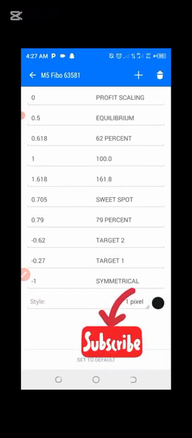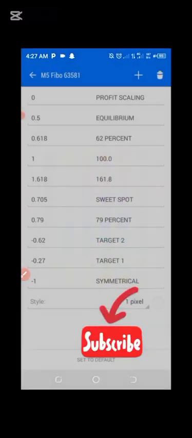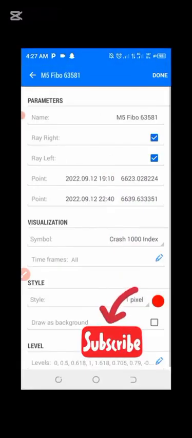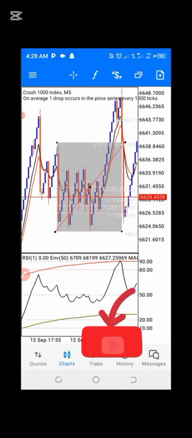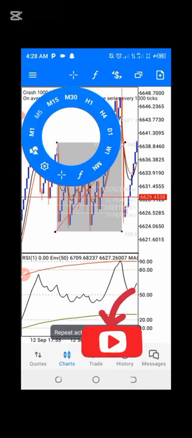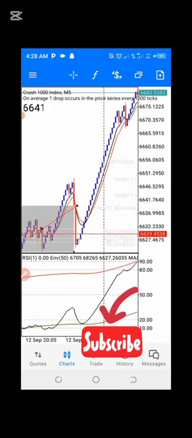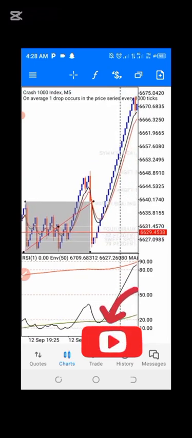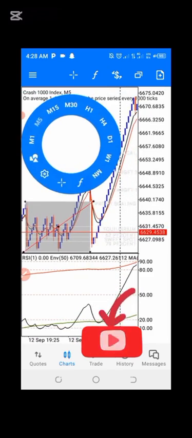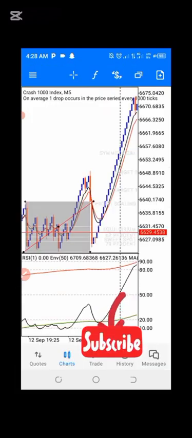Let me just make the level white, so you can actually see what we have. So at our 62 level, this is what we have. Let me make it a little bit more bold.